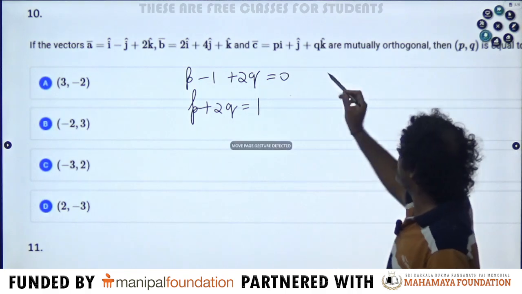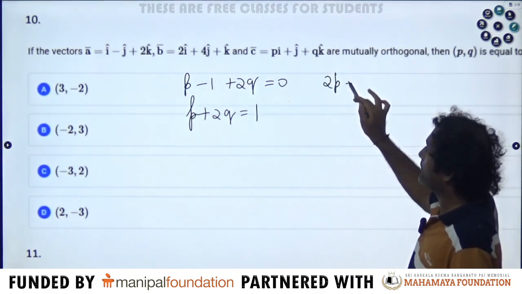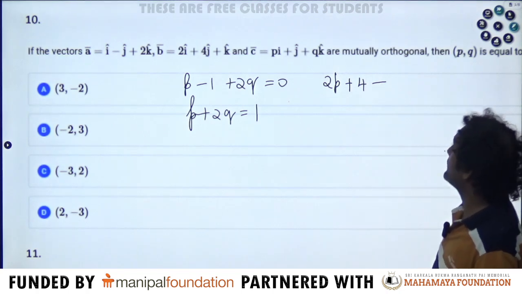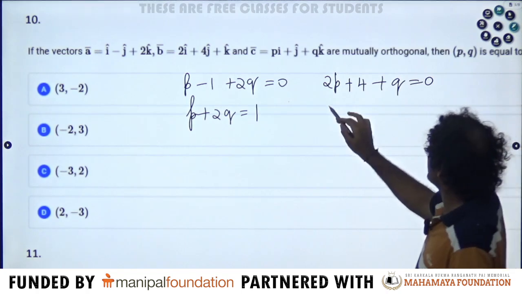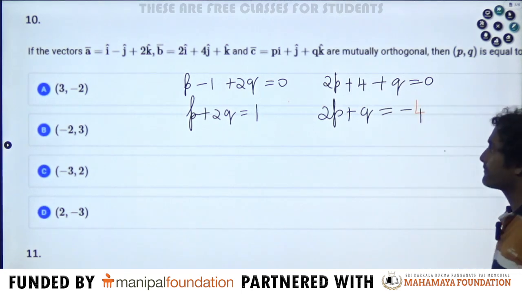Do B dot C. Here 2i, here p i, so isn't it 2p? Here 4, here 1 gives 4, and k with q gives plus q equal to 0. So 2p plus q is equal to minus 4.